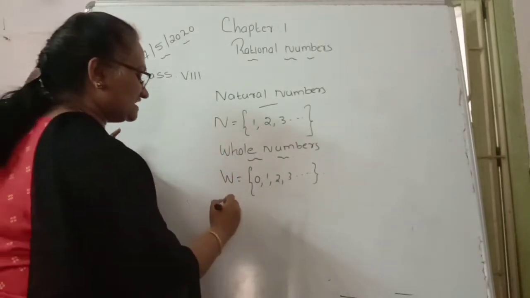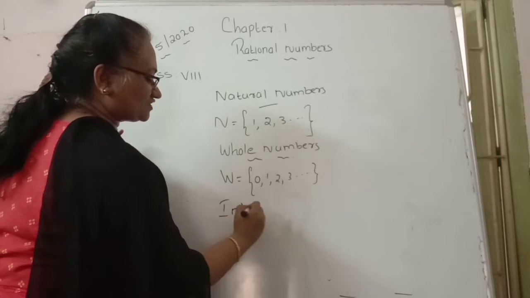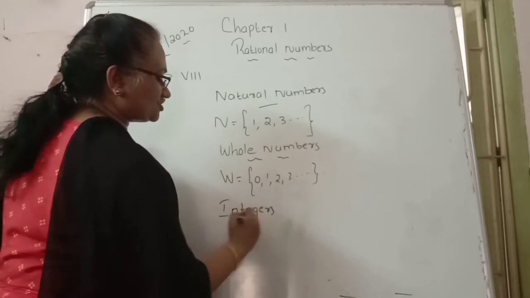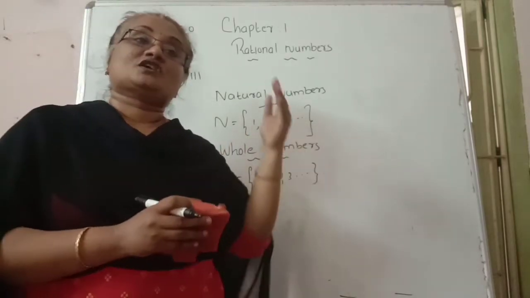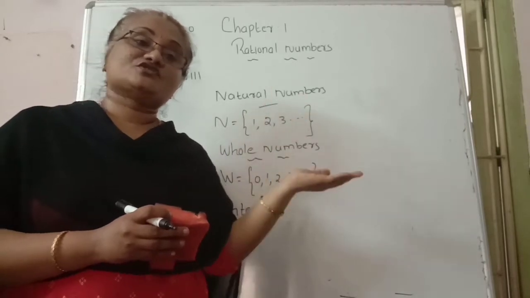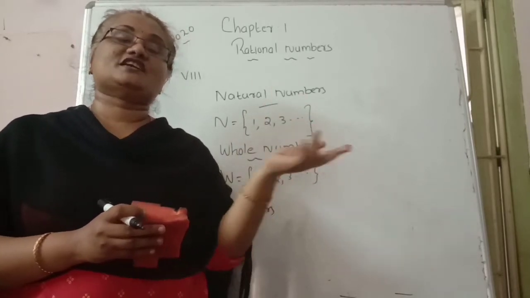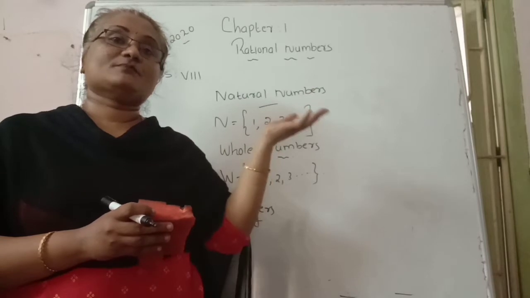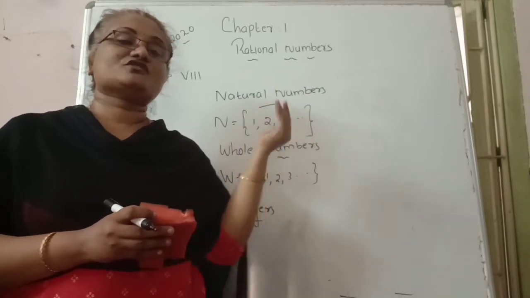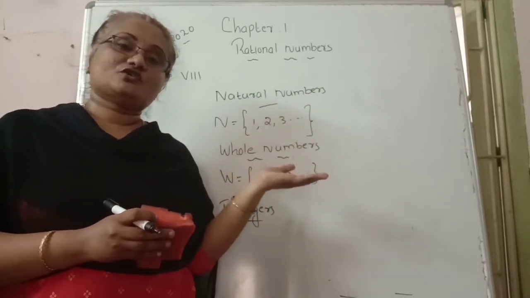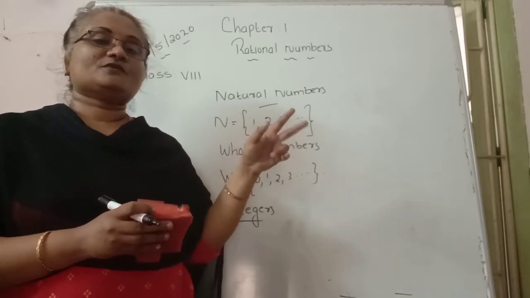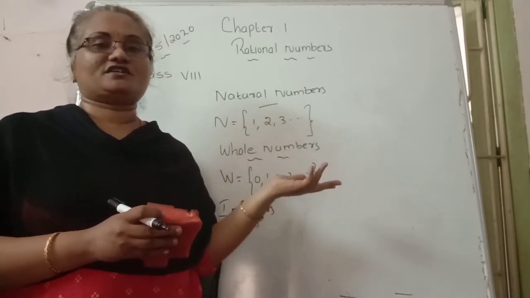Then the next word is integers. Integers means the counting numbers, that means 1, 2, 3, etc., also belong. Whole numbers, that means 0, also belong there. And the negative numbers also belong there.